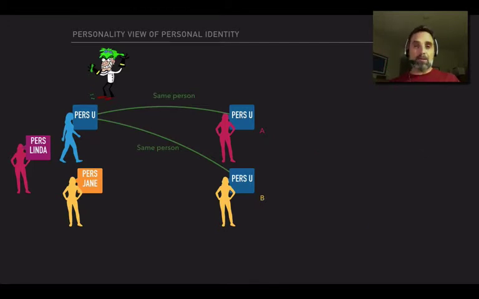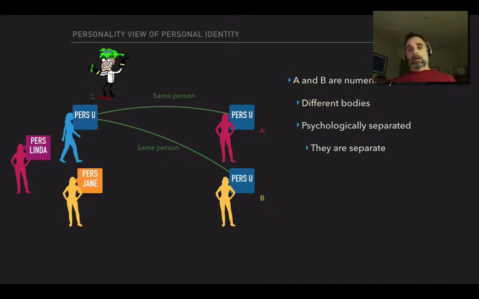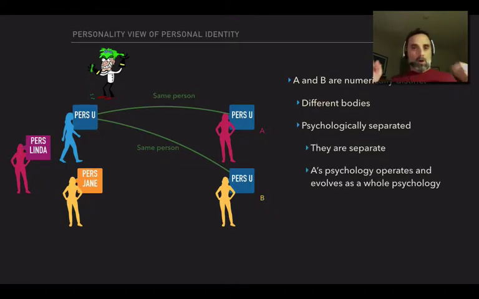That's a problematic thing to say, as I'm now going to explain. So A and B are numerically distinct from one another. They are distinct entities. They're different bodies, and they're psychologically separated. A's psychology operates and evolves as a whole psychology. So what do we mean by whole psychology? Well, A is there.